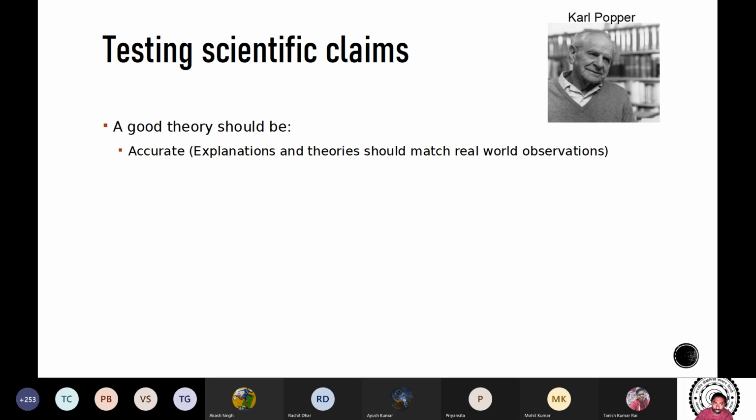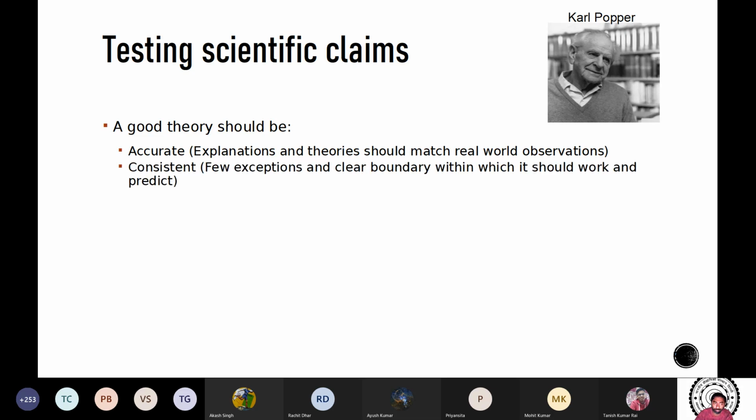This is true for any algorithm, by the way, or any theory. It has to be consistent, which means you can't have a theory and then say there's a whole lot of boundary conditions, which means, okay, it works, but it will not work for condition X, condition Y, condition Z, condition Z1, Z2, then it's not a good theory. It should have very few boundaries or exceptions where it does not work. It better be working for most of the stuff.